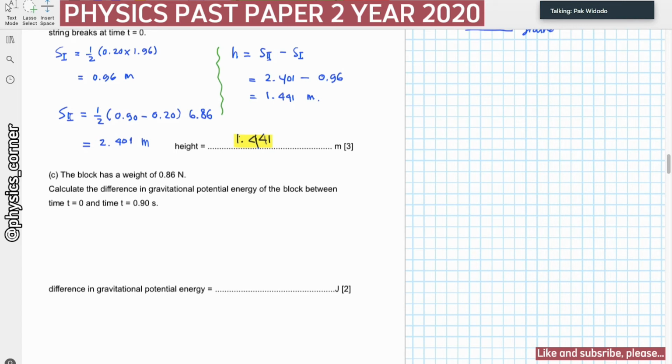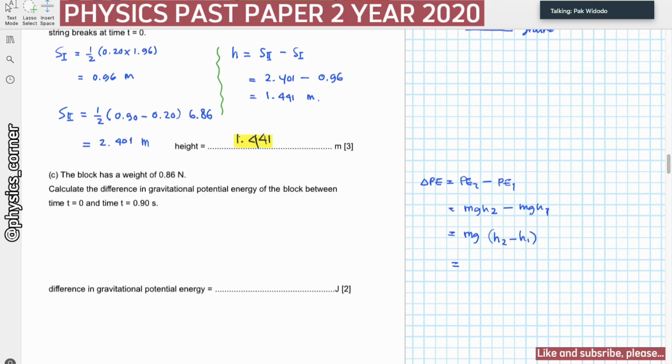Is there any other? The change of potential energy equals the second potential energy minus the first potential energy. So this is mgh2 minus mgh1, like mg times h2 minus h1.